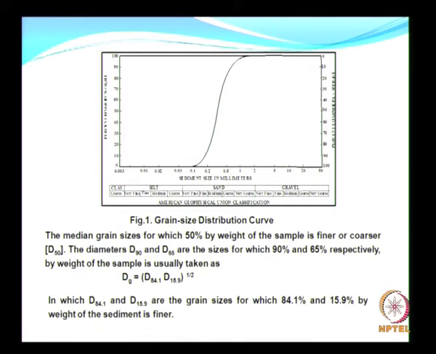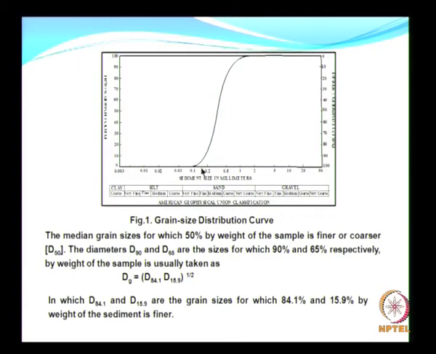On the x axis you will see the size of the sediments in millimeter, okay. So the curve can be as smooth as possible like this, not much range, but it can also have a wider range.